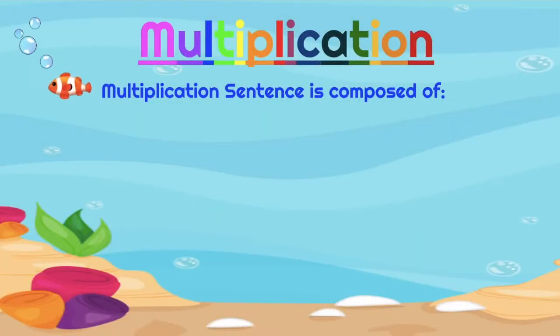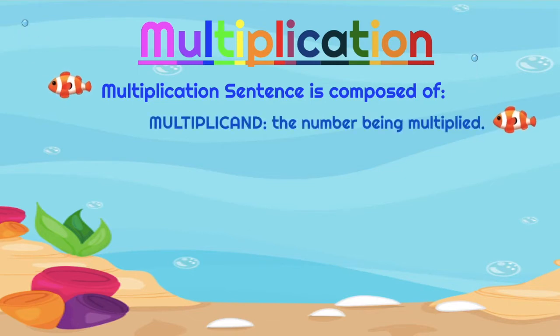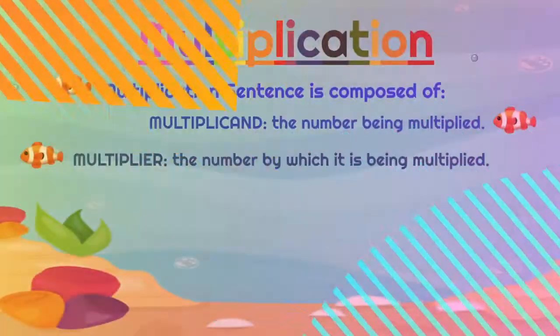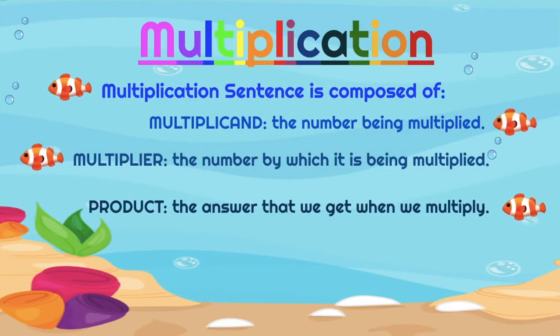A multiplication sentence is composed of the following: multiplicand, or the number being multiplied; multiplier, or the number by which it is being multiplied; and product, or the answer that we get when we multiply.